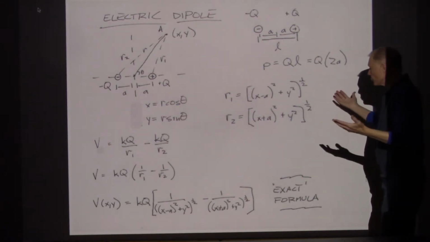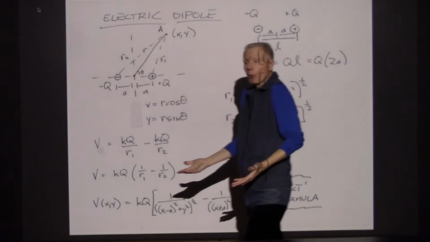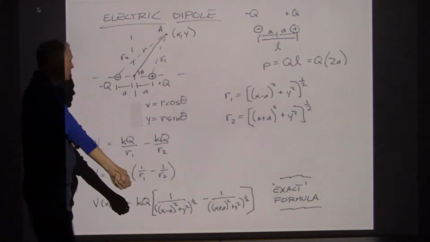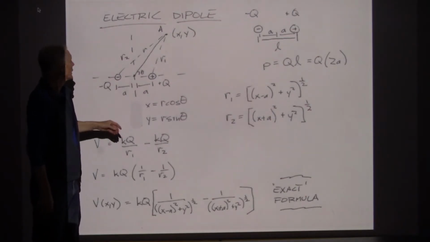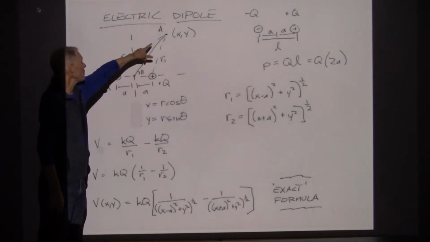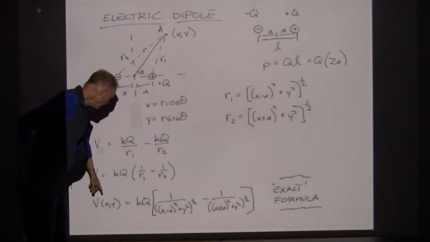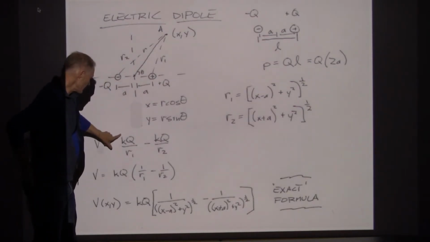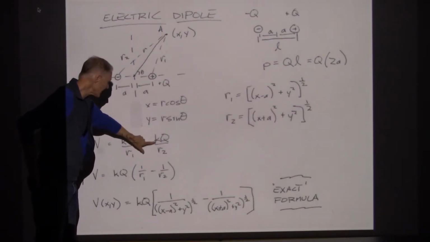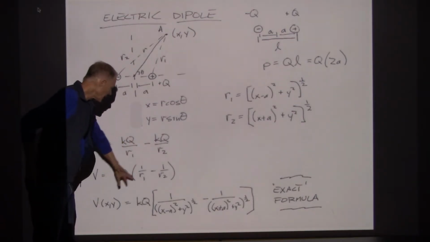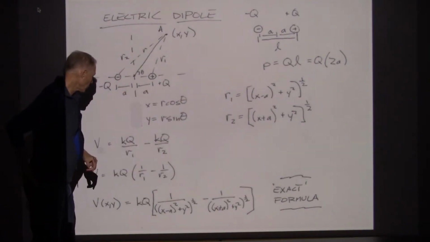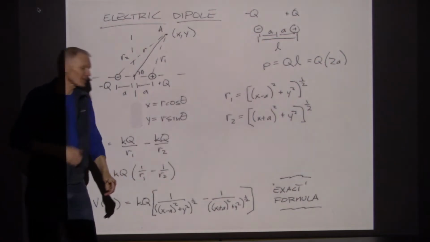Now what that leads to then is an exact formula for the potential due to a dipole. So if I'm at that location, the potential is going to be kQ over r1 minus kQ over r2. I just substitute in those values for r1 and r2, and that's what it looks like.